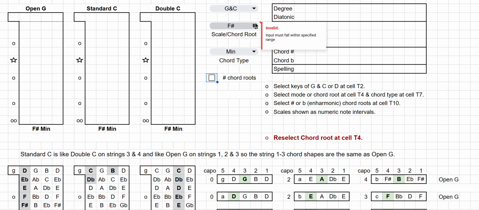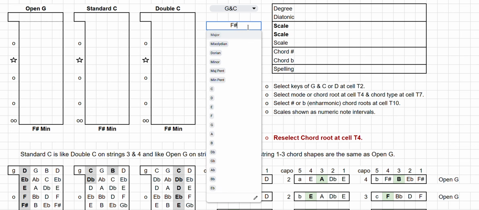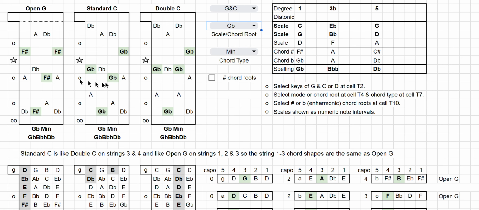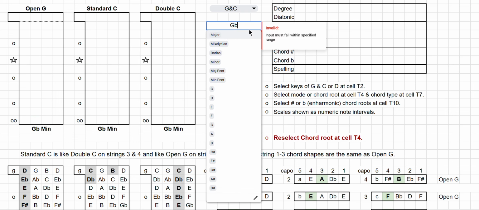But when you do that, you'll notice that it says invalid, because now on the pull down there is no F sharp anymore. There's a G flat. You get the same shapes for the enharmonic chords, but they just have new names. And of course, the correctly spelled names can become kind of cumbersome with things like G flat, B flat, flat, etc.